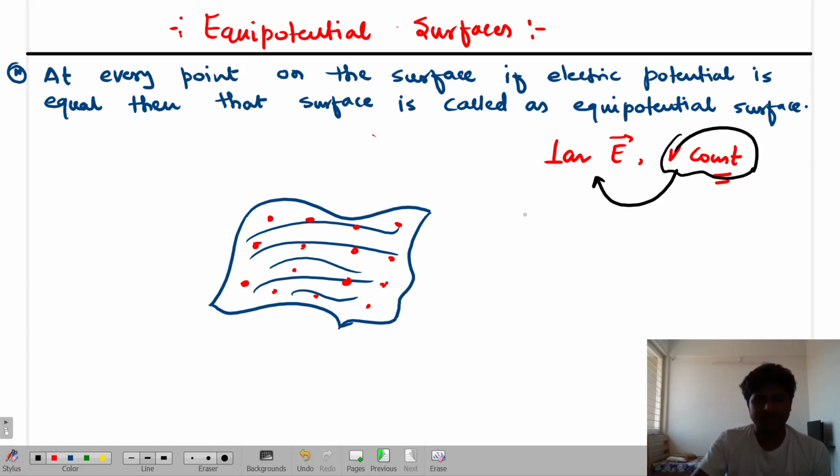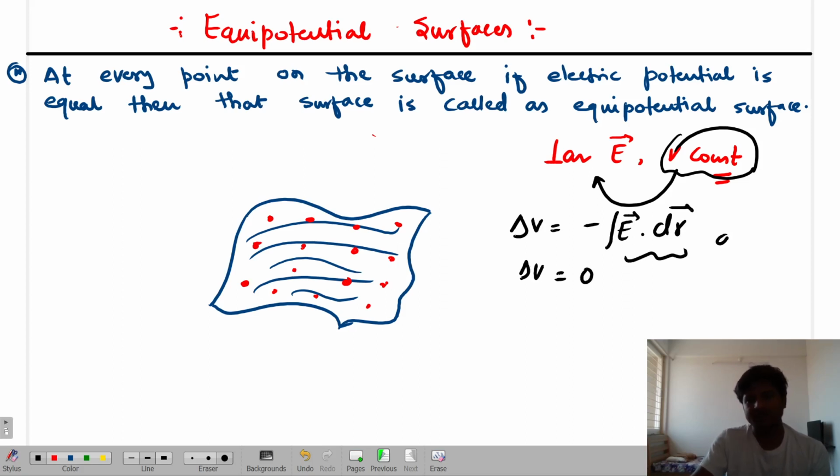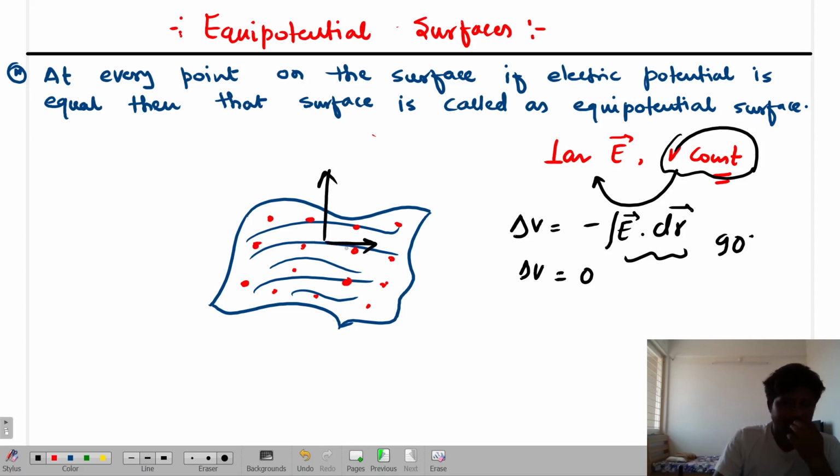We know that delta V is equal to minus integral E dot dr. So delta V is going to be 0 if the angle between them is how much? 90 degrees. So when the electric field makes 90 degrees with dr, for that reason the change in potential is 0.